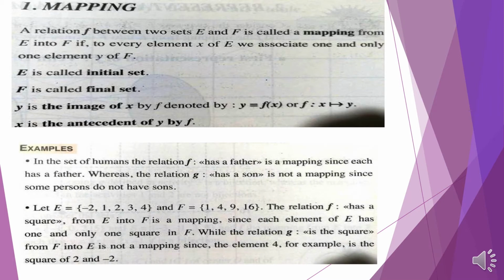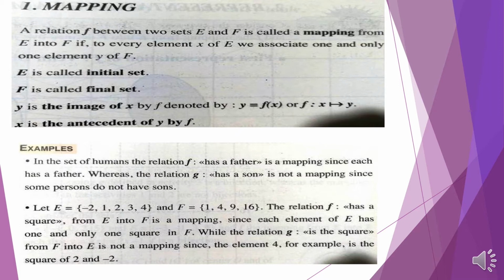Example: in the set of humans, the relation F has a father is a mapping. Why? Since each human has a father, one father.